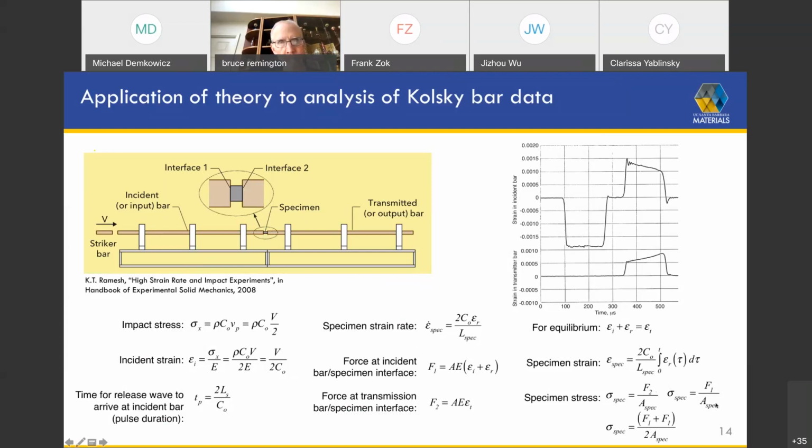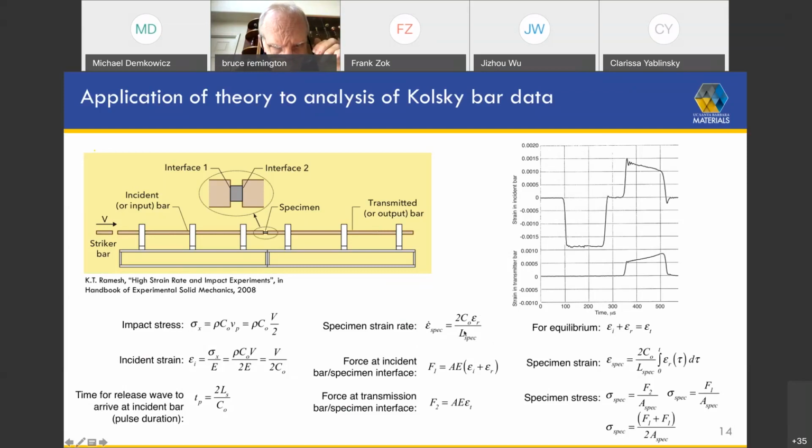The bigger challenge is to get to very high stresses, because that's limited by the forces that you can transmit through the incident bar and the transmission bar. And that's of course limited by yielding of those bars. There's also a limit on the strain rate you can achieve. This is the maximum displacement rate.